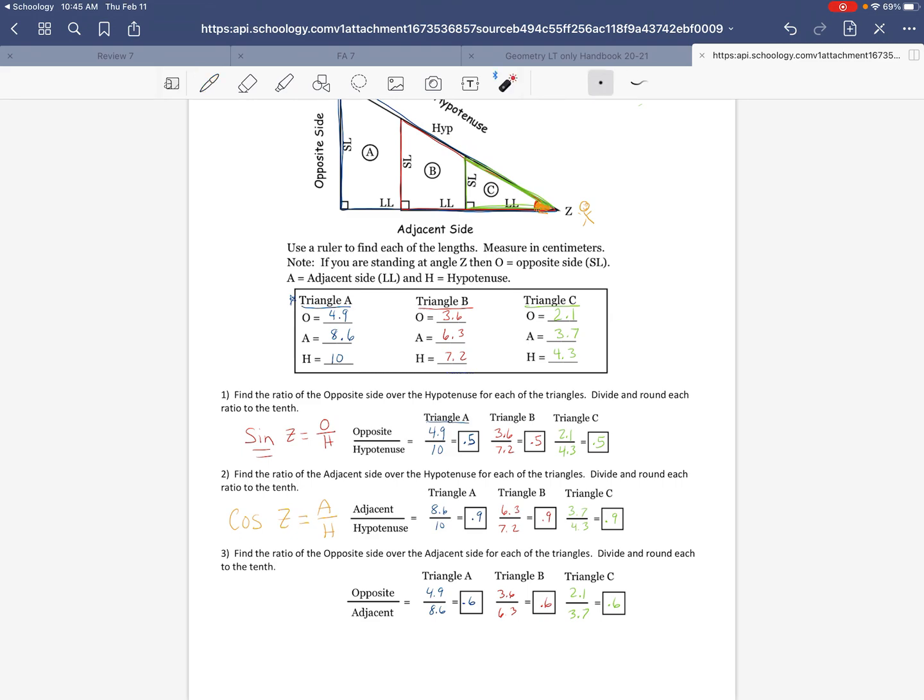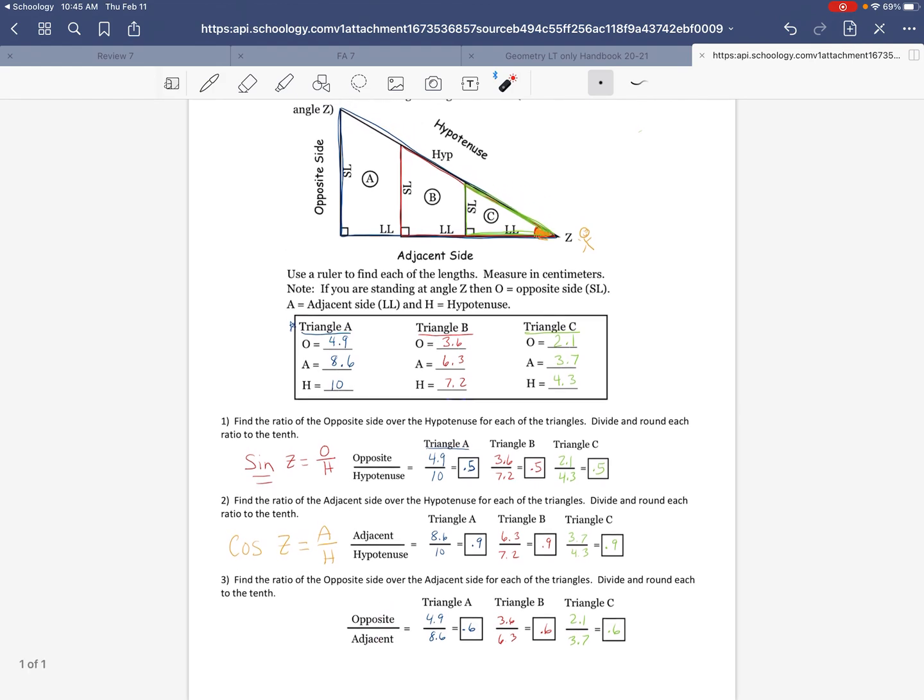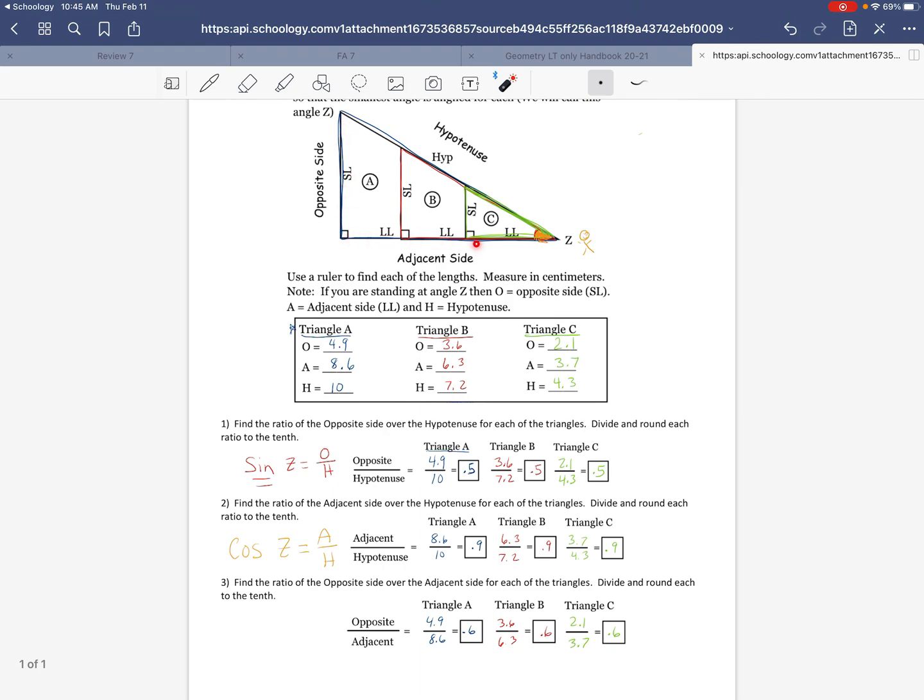Down here, when we take our opposite over adjacent, if we're standing at Z, and we look at the opposite side divided by the adjacent, we get the same ratio regardless of the size triangle. That is true for any size triangle with this angle measure z. I will always get 0.6.